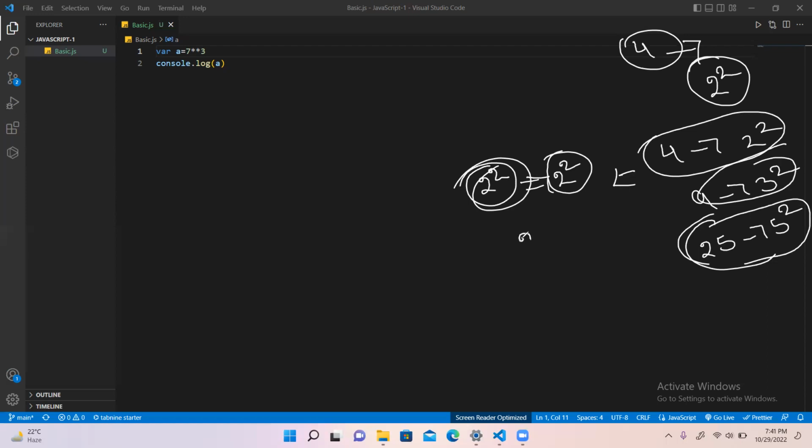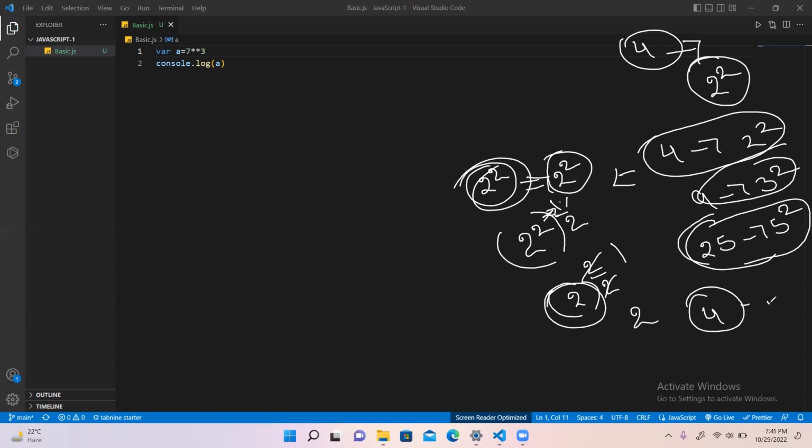So how to do that? You take 2 raised to the power 2 and half of this. It means to say when you raise it to the power of half, it means 2 upon 2, so it means to say 1. So our output is 2. Okay. So it means to say 4's value is 2.